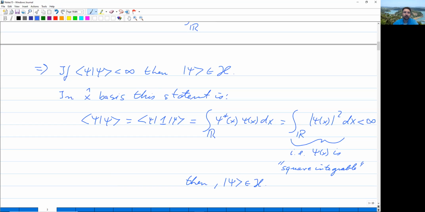So you see the criterion in the position representation is that the wave function has to be square integrable. If it is, our abstract state is a vector in the Hilbert space.